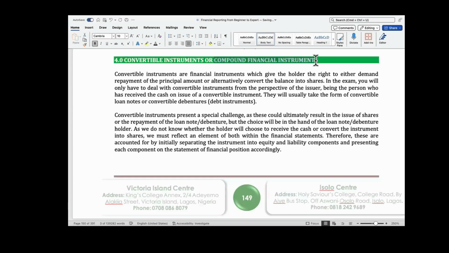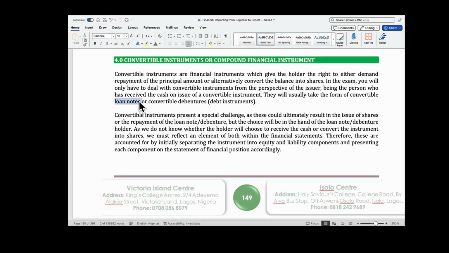And what can lead to that is when you issue what we call a convertible debt, either a convertible debenture or a convertible loan note. Anytime you issue a convertible debt, it gives rise to a compound instrument. And how?